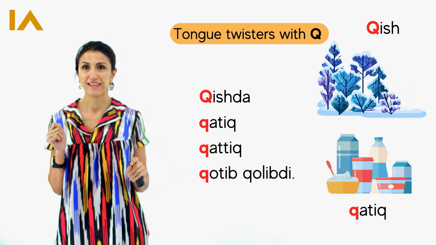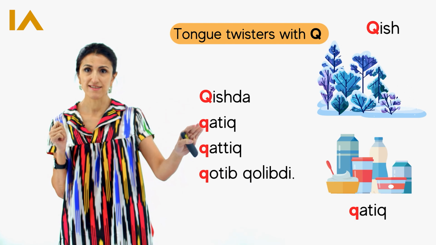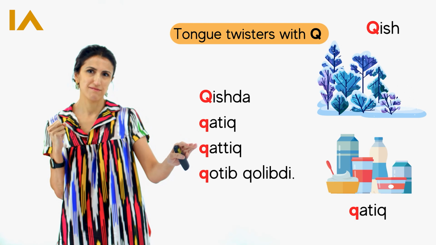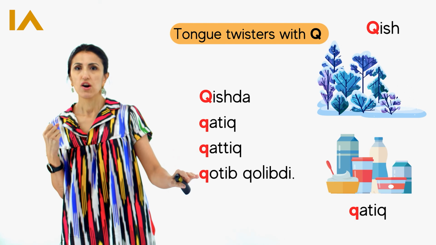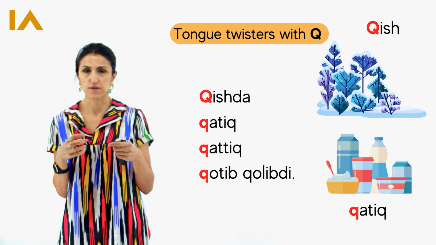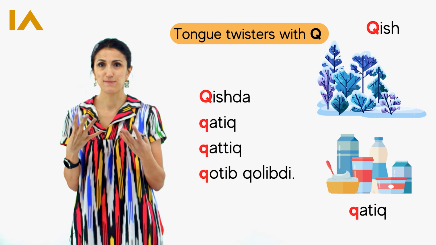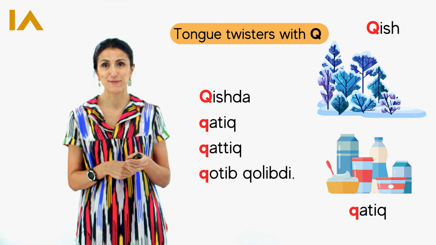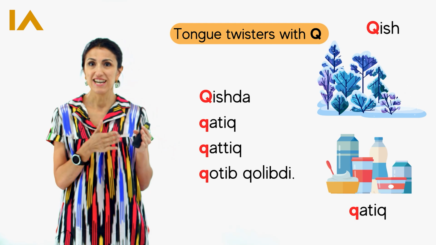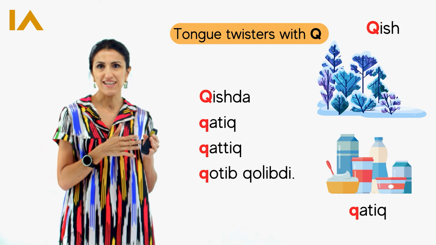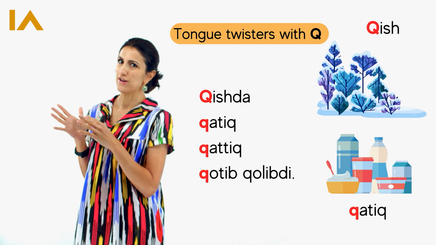Which means in winter, qatiq, sour milk, qattiq, hard, like very much. Qotib qolibdi, froze. Like in winter, the sour milk froze a lot. That's what this tongue twister means. Qishda qatiq, qattiq qotib qolibdi.